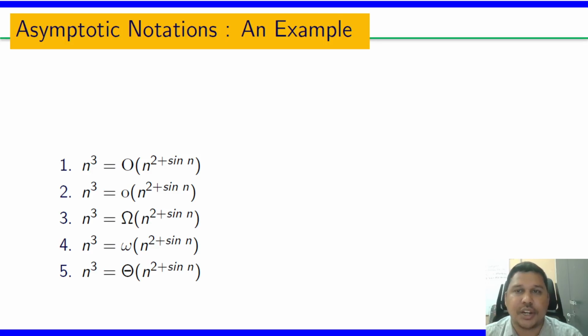Carefully observe the notation. Tell me out of these which are true. I am asking only true cases.